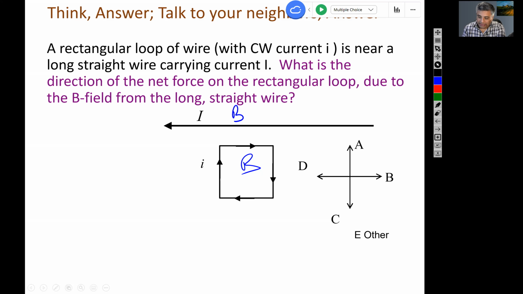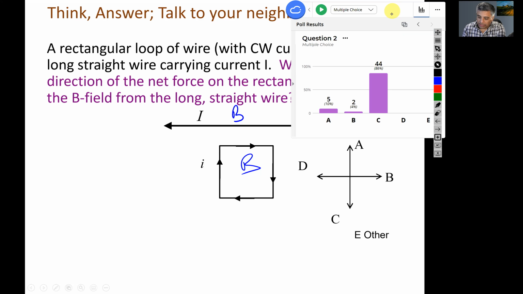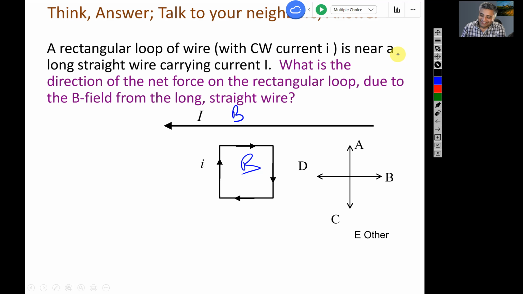So in this case, let's see what we got. Mostly I'm seeing C. Let's better be correct. So how do I figure that out? What do I need to look at first?